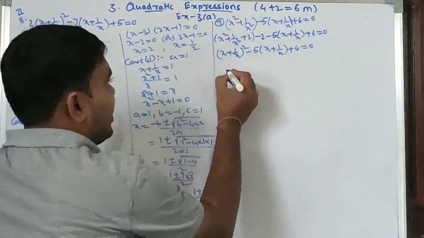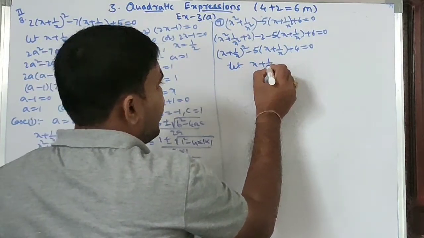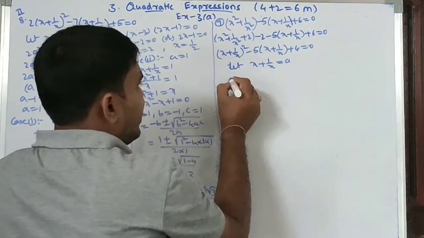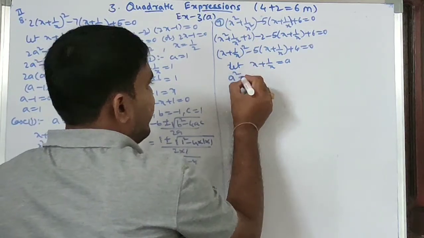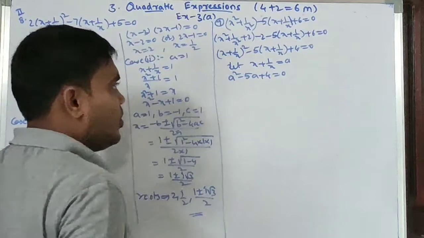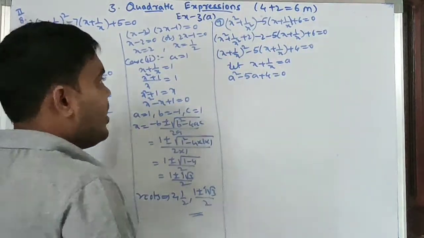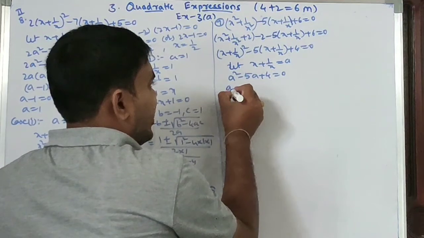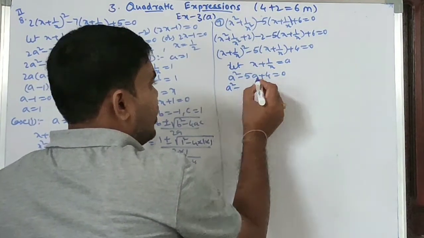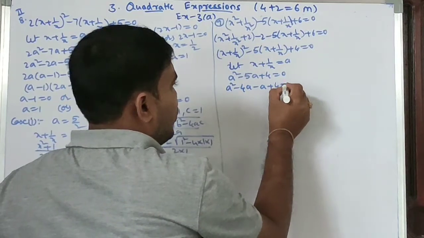So now let x plus 1 by x equal to a. Then a square minus 5a plus 4 equal to 0. Now I want to factorize. So a square minus 4a minus a plus 4 equal to 0.